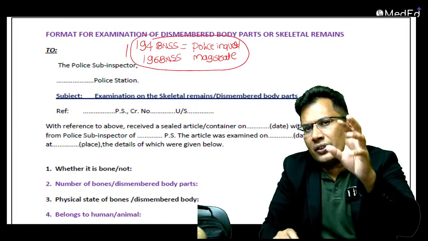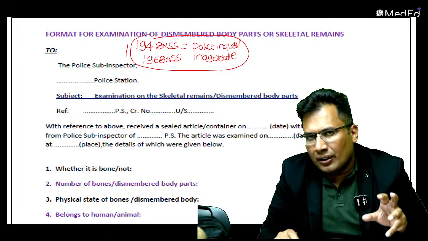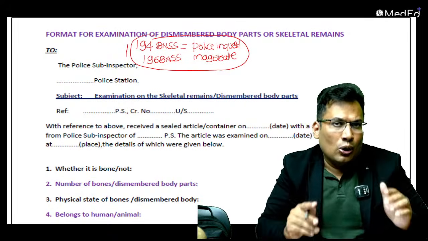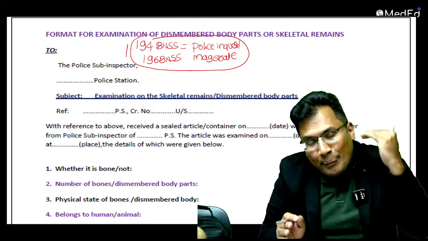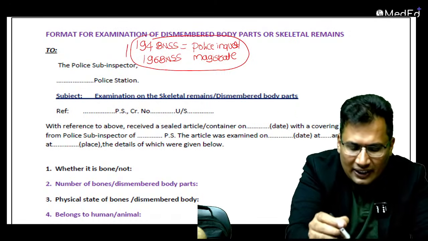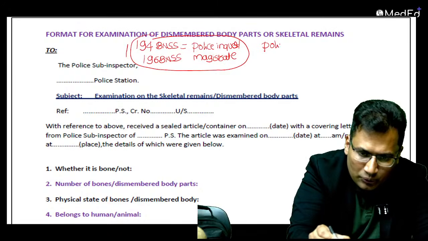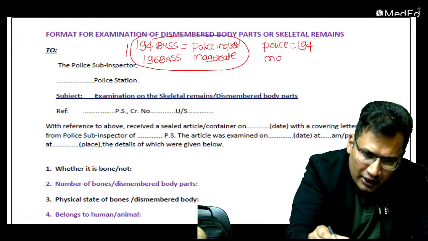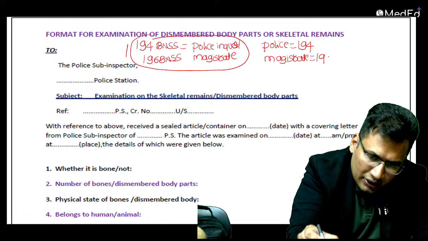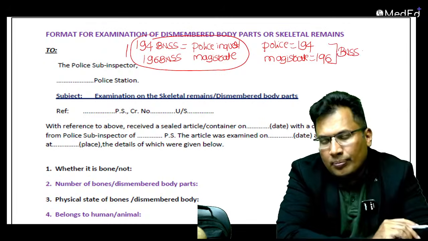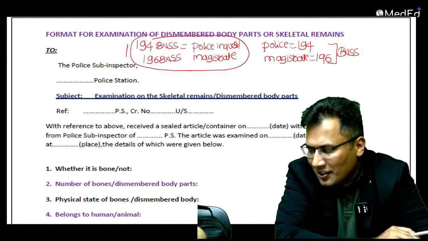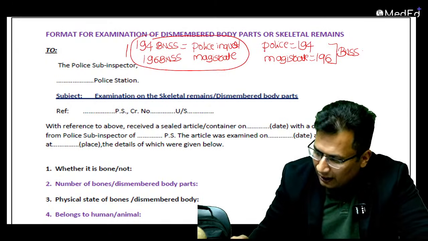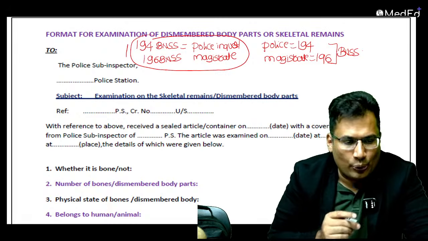There are 2 types of inquest in India: police inquest 194, magistrate inquest 196. Please write in the chat box, police is equal to 194, magistrate is equal to 196. BNSS, Bharatiya Nagarika Suraksha Samhita. Keep writing along with me. So this can be a 3 marks question.